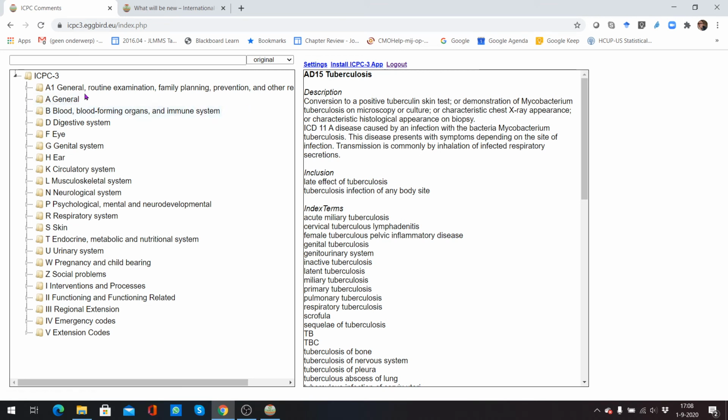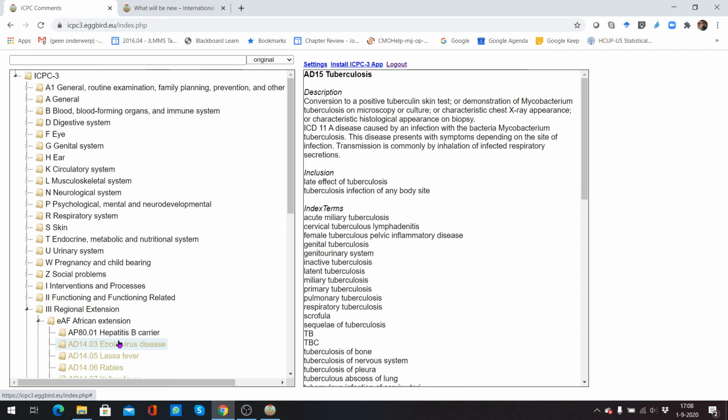So in addition to those 19 chapters from A to Roman 2, there are 3 additional chapters. There is the chapter with the regional extensions. That means that these are classes that have been assigned a 6-digit code based on frequency in national and regional primary care registrations. So these regional codes are included within the 4-digit code.